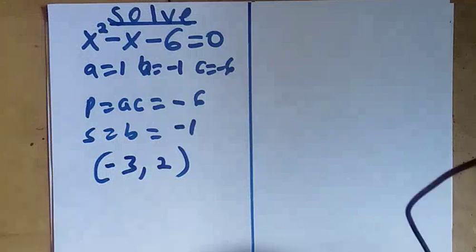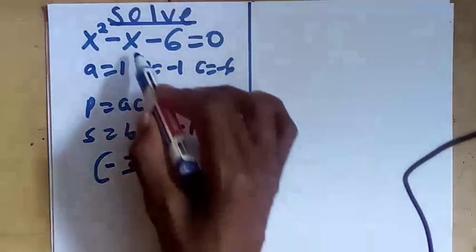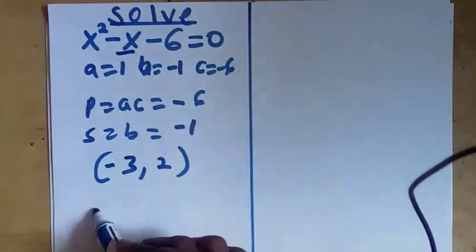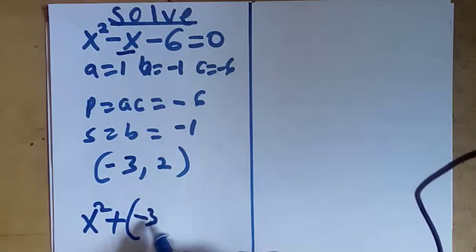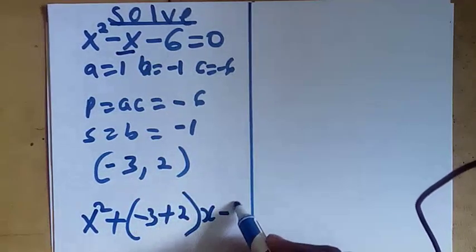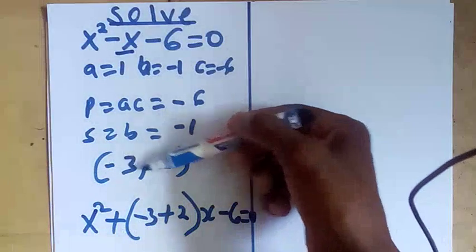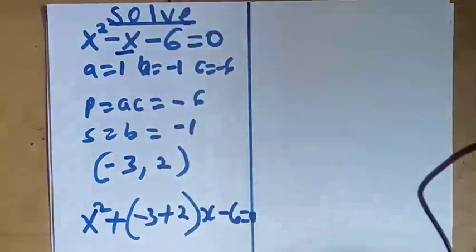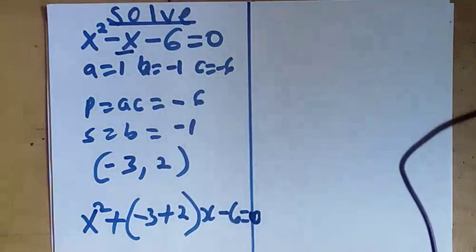Now, once you have the two numbers, it's wise to break the middle term at the center. You'll have x squared plus (-3 plus 2) times x minus 6 equals 0. So you can see I've taken the two factors and broken the middle number.